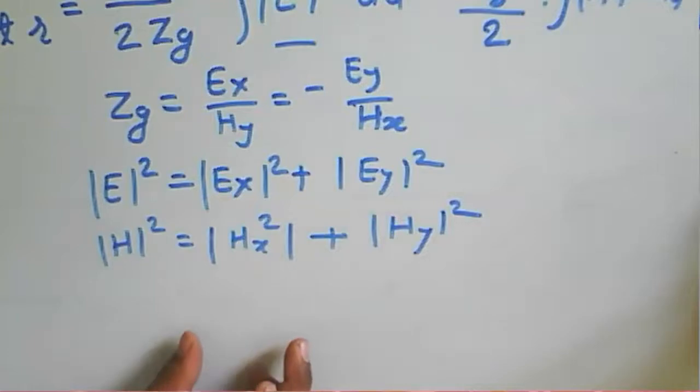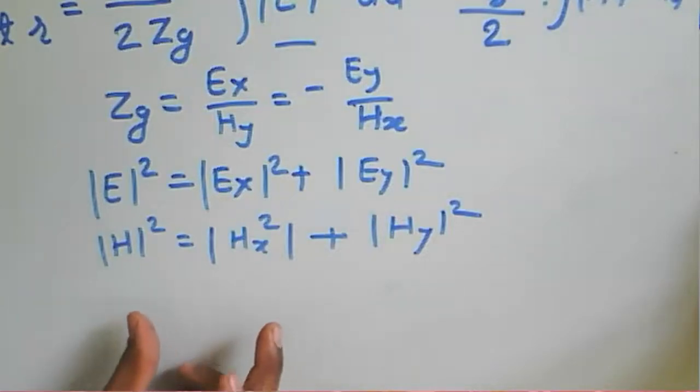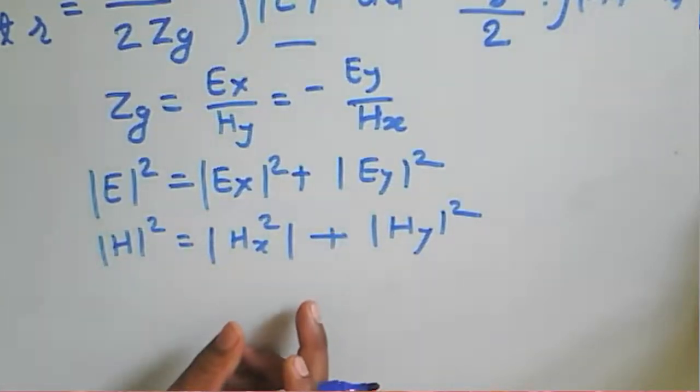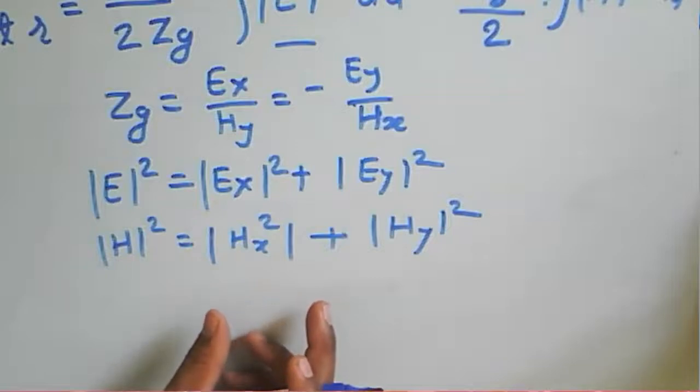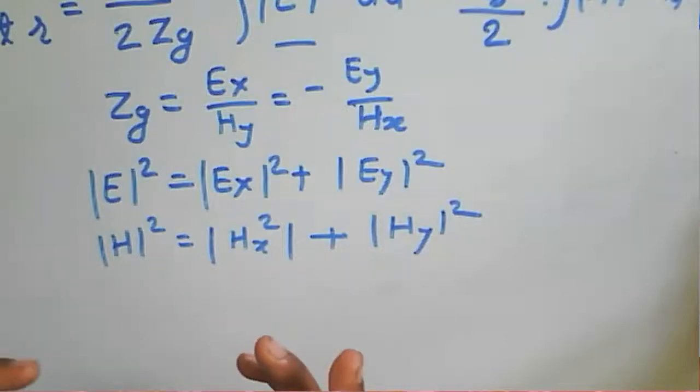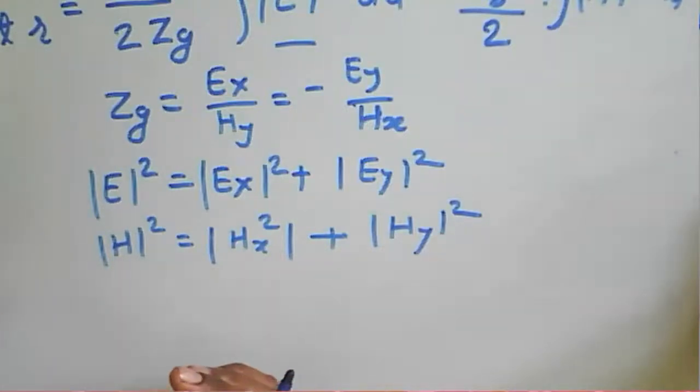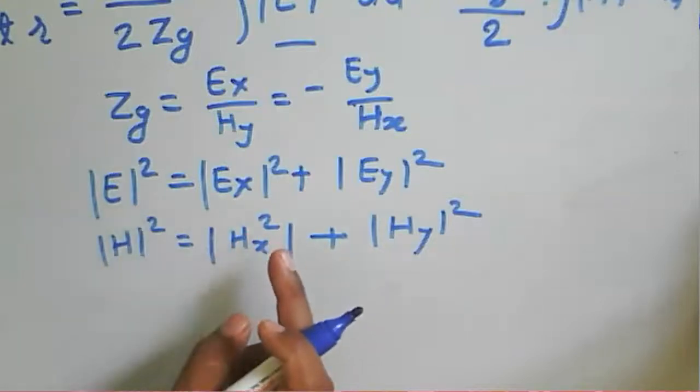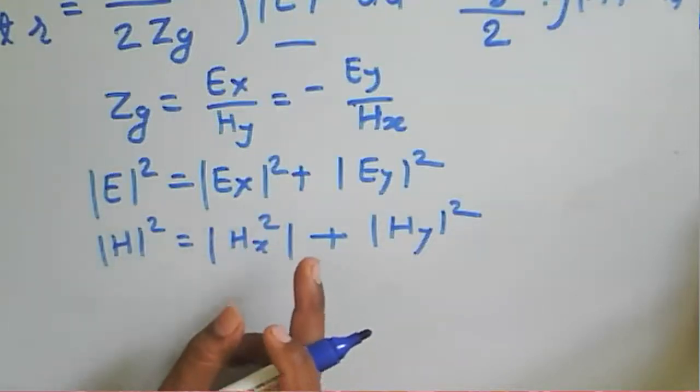Now these are the H and E values. Now from this we will calculate the power transmission for the TE mode or for the TM mode. You just remember this E is Ex square plus Ey square.